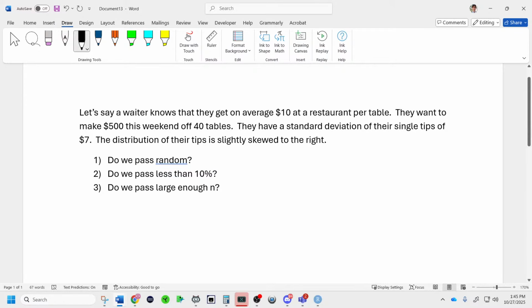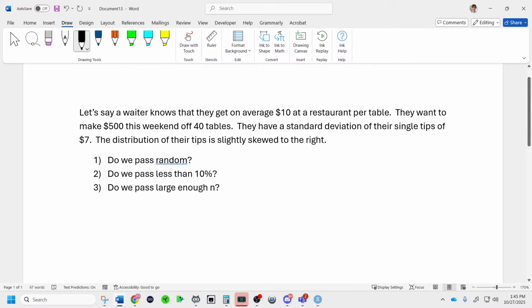So to pass large enough n, this is where people get confused. Large enough n. What you have to do for this one is, first, it's used for quantitative data, the distribution of the sample mean.